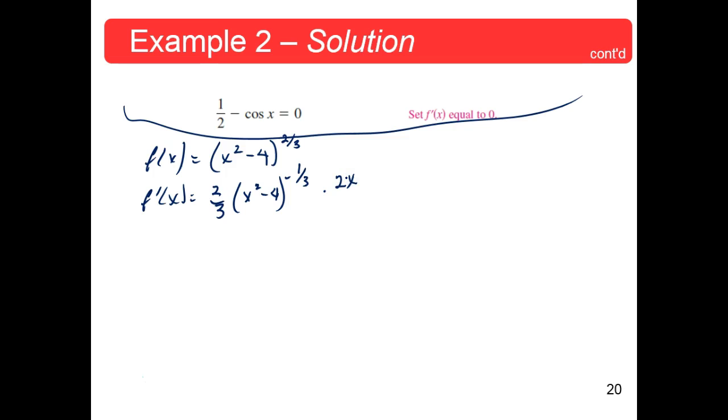Now, if I can write that slightly differently, here in the numerator we have a 2 and a 2x, so that'll be a 4x in the numerator. In the denominator we have a 3, and then a cube root, that's what the 1/3 is, the minus puts it in the denominator, of x squared minus 4.